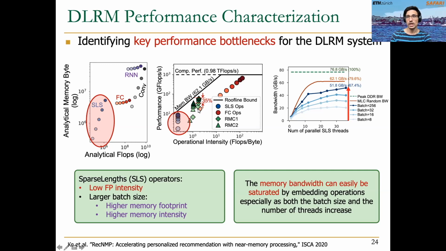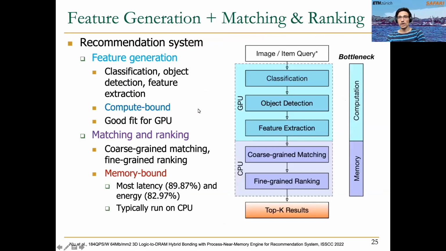And that's why I believe the Alibaba folks have also characterized this fine grain ranking as a memory bound operation, probably because they are using small batches or even batch one. That's something that is not clearly specified in their paper.